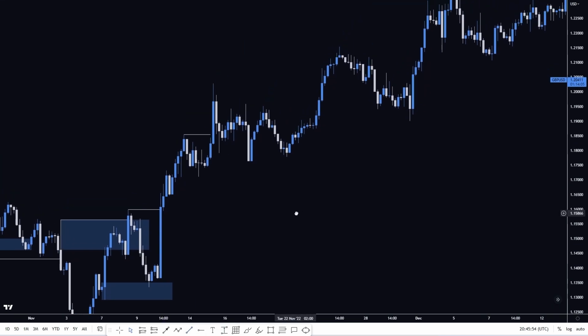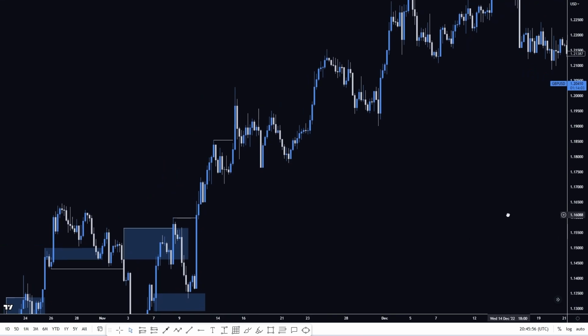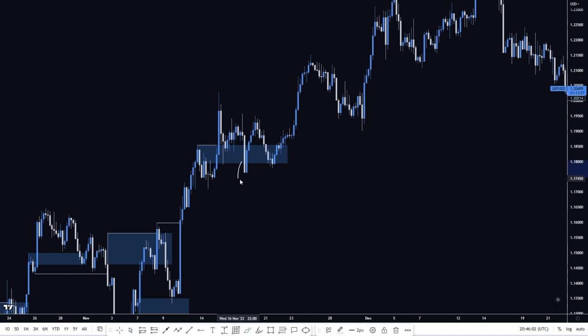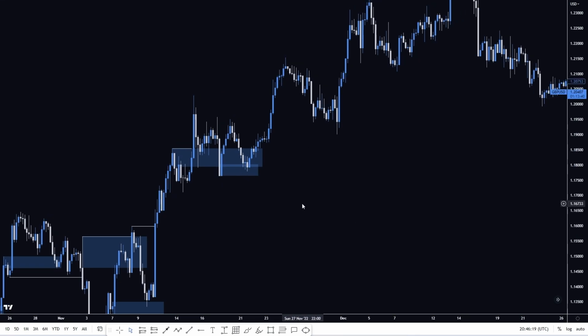No real retests just yet. We then see in here we get potential resistance. In this one, you can see how price just closed through it, but we then immediately retraced back in. So give it another chance, you can then see that price holds this, and these potentially are new areas of support, which then end up being respected, and that is when you can see these secondary reactions from areas such as this.